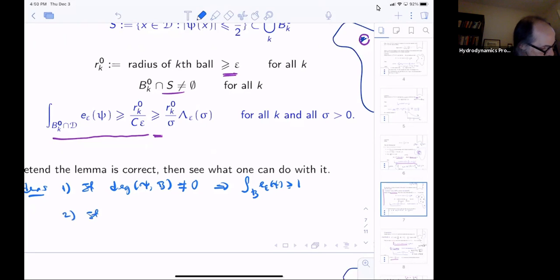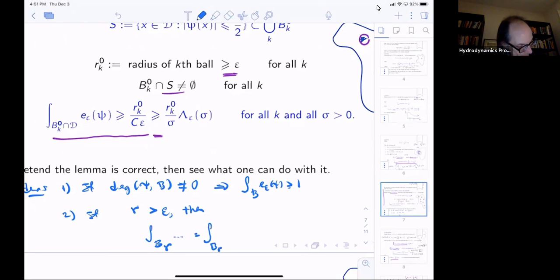If the ball is bigger than epsilon, then the integral over the ball of the energy is equal to the integral over the ball of radius r. Well, okay, let's put it this way.